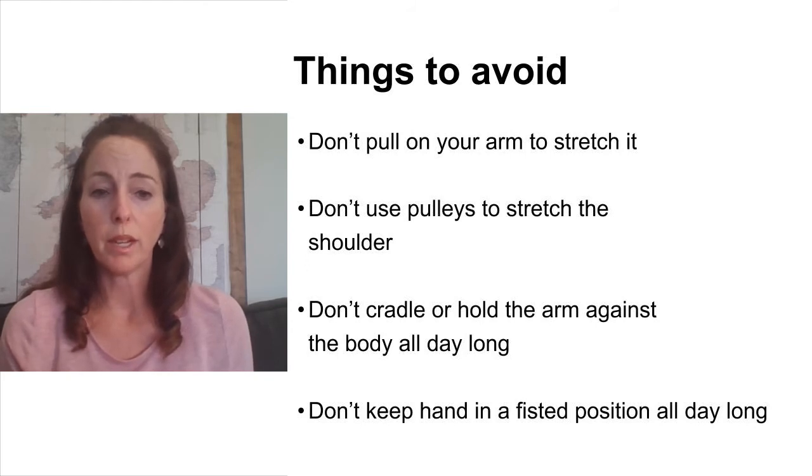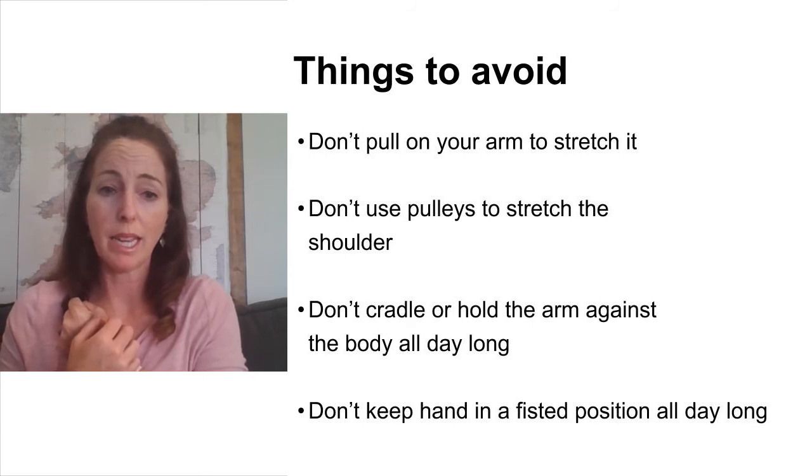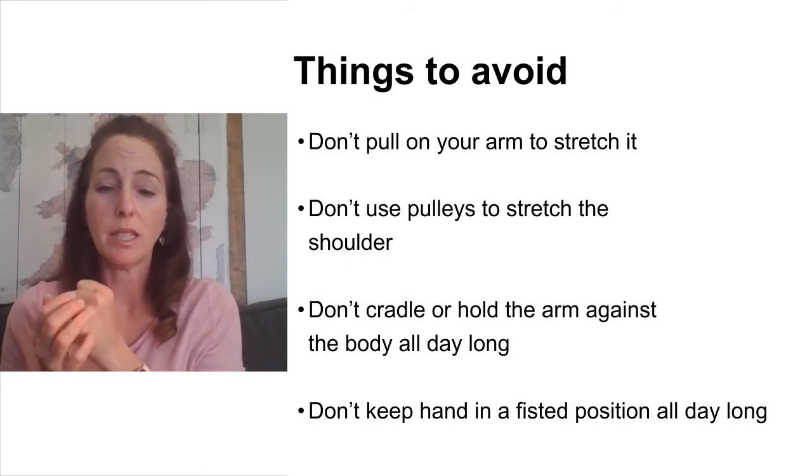Other things to avoid would be keeping the arm and hand tight against the body during the day or allowing the hand to stay in a fisted position. It's also important to try and avoid compensatory movements like hiking your shoulder or flexing or tipping over through your trunk when you're trying to do some reaching tasks.